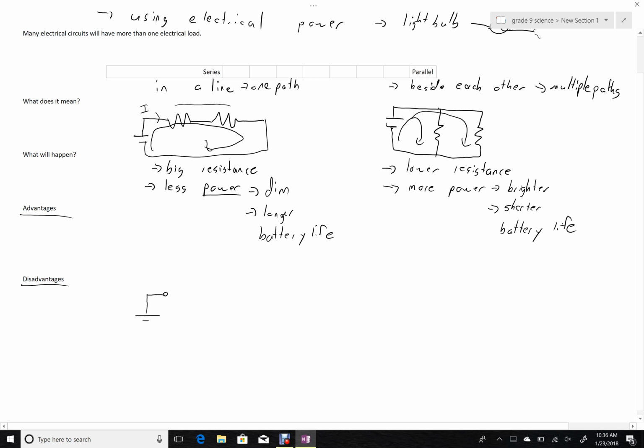The other advantage, disadvantage, and maybe the most critical one, is with a series circuit. If you put a switch in, that switch will control both loads at the same time. They're either both on or both off.